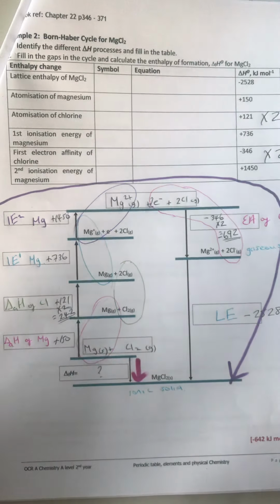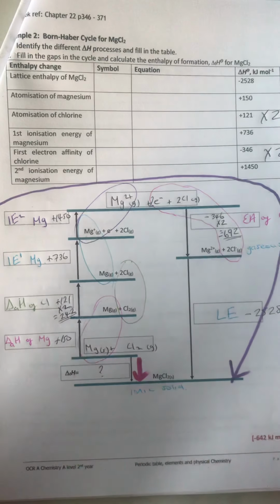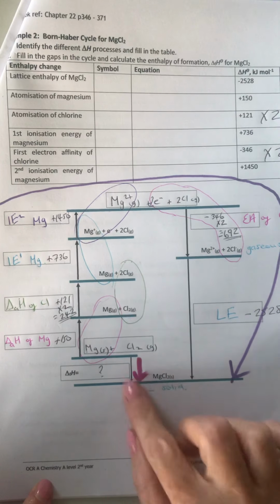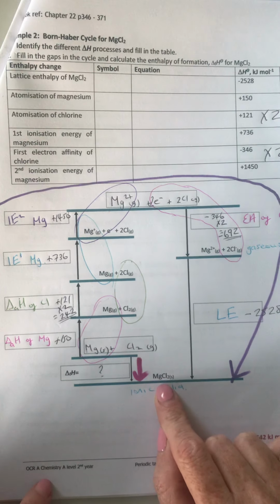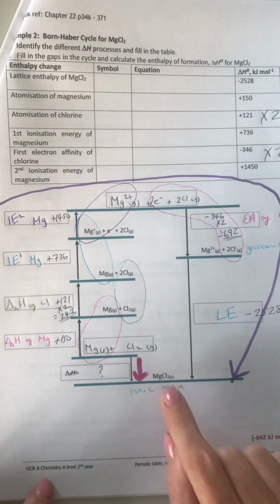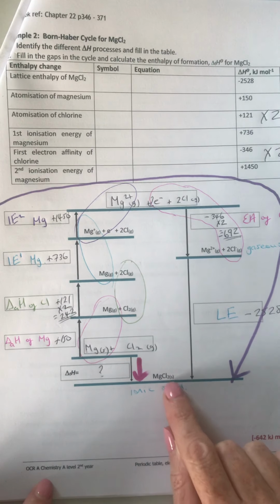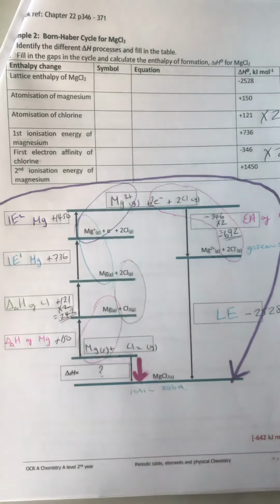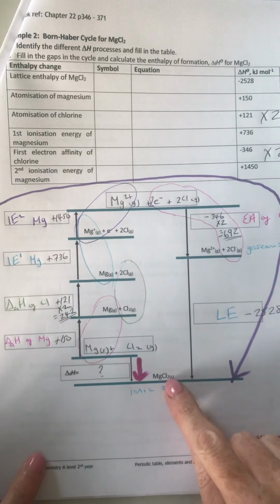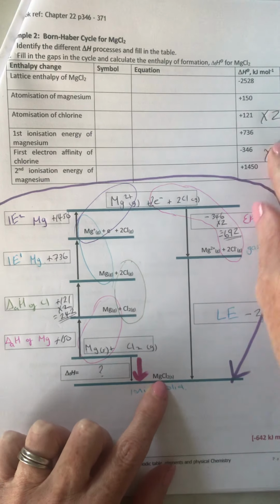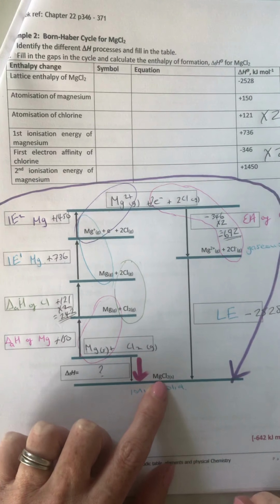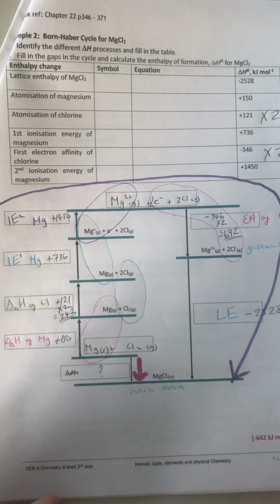Now, a tip I'll give you is when I do any Born-Haber cycle, the first thing I do is I look down here at the ionic solid, magnesium chloride. So there's two lots of the Cl, so anything that there's any numbers for, whether it be a 2, 3, 4, whatever, it makes no difference. The thing that there's two of, find up here and just put a times 2 next to the numbers in the boxes so you don't forget to do it, because you will.